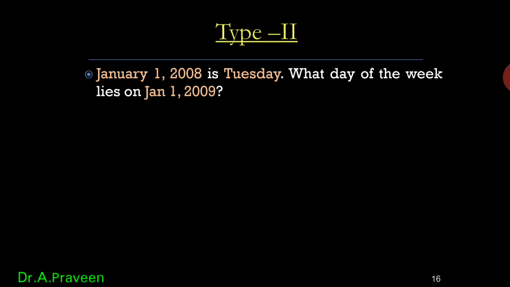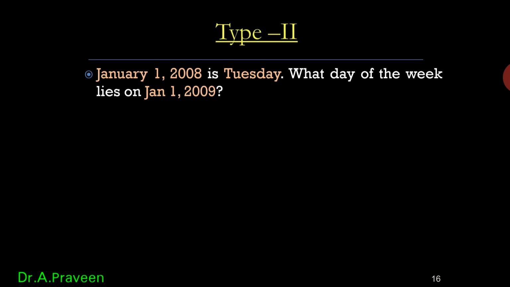Here we can make a very simple guess. If January 1, 2008 is Tuesday, then January 1, 2009 will be either a Wednesday or a Thursday. That's the first guess. And we are going to find if January 1, 2009 is a Wednesday or a Thursday.